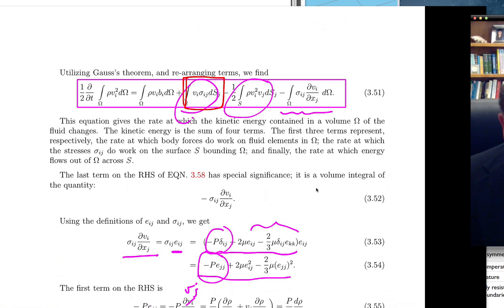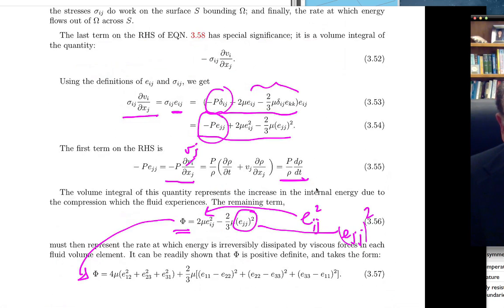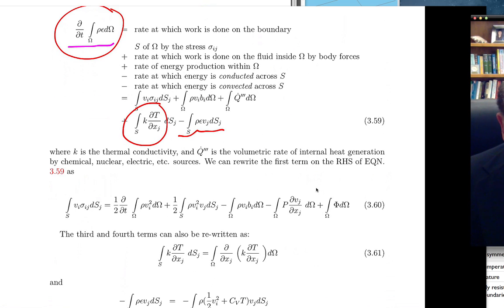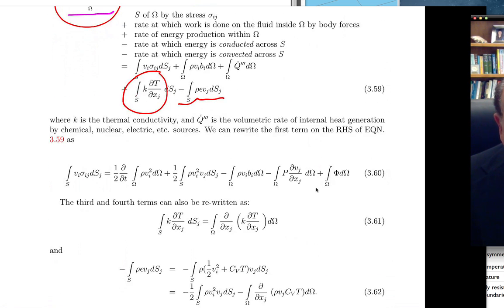This is Vi sigma ij dSj, and we just move everything to the left side, and this will give us the rate of work that is done by the stress on the boundary, and that is the equation that we see here in equation 350. So this is now just sigma ij times Vj times Vi.